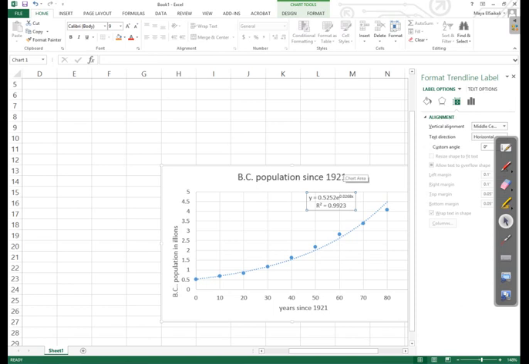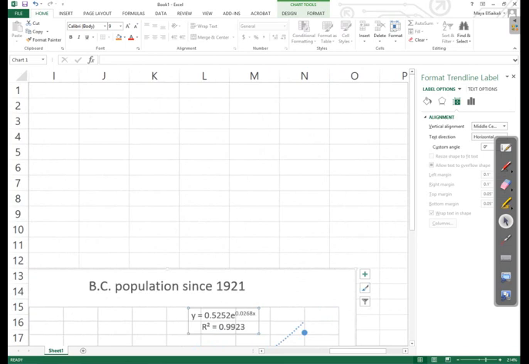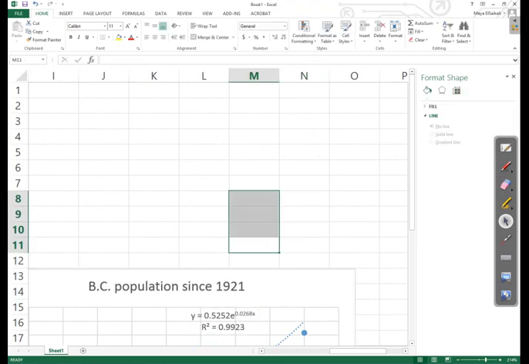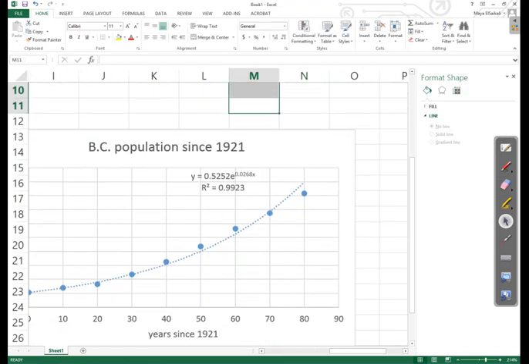Okay. Now here's where I want your attention. I want you to leave the computer and just pay attention to me, because that's something that you will see every single time. So eyes on the board, please. Do you see that the equation of the graph is actually 0.5252 e to the power of 0.0268x.